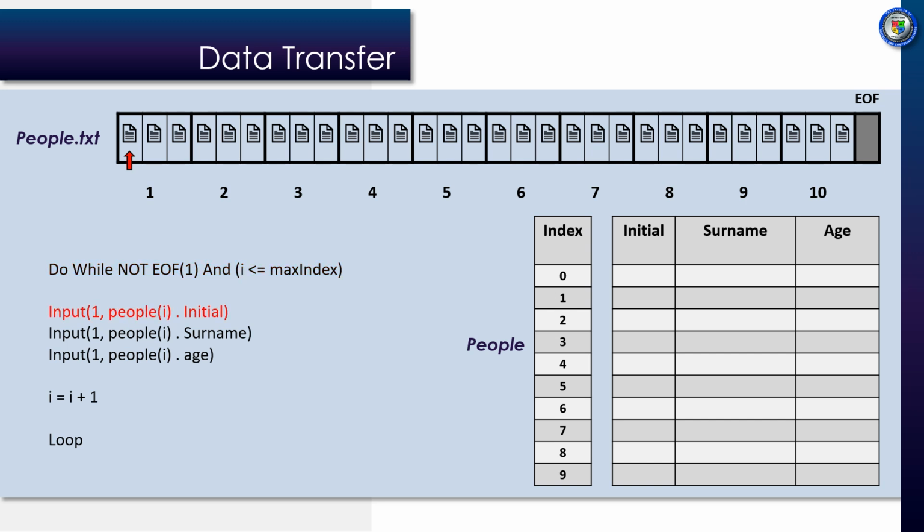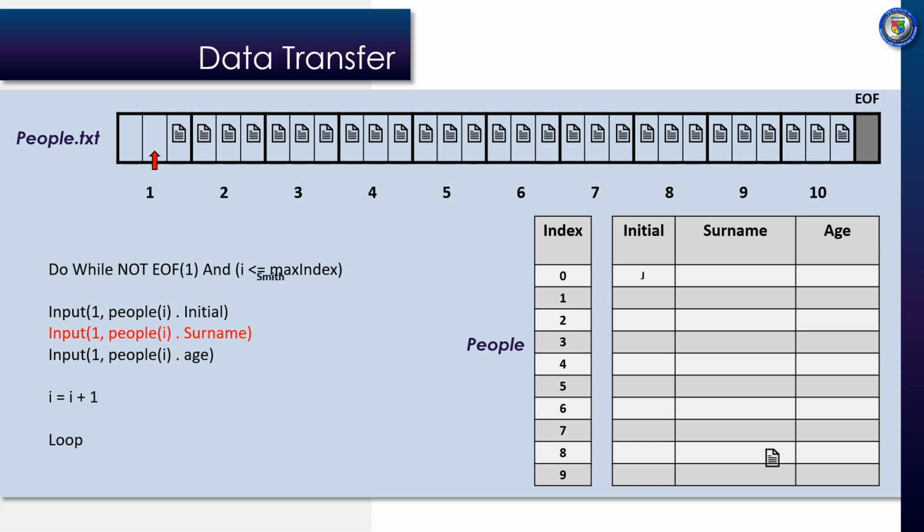Using the input command, we will input data from file 1, which is people.txt, to our array of records people index I, which in this case is 0. So that data is then transferred.